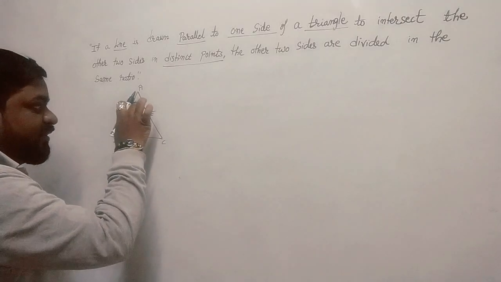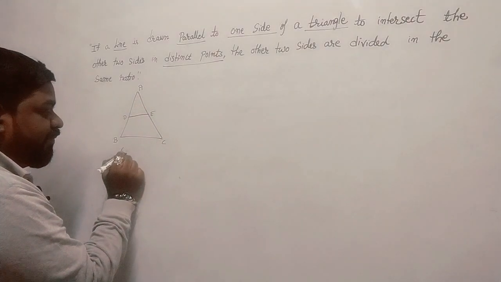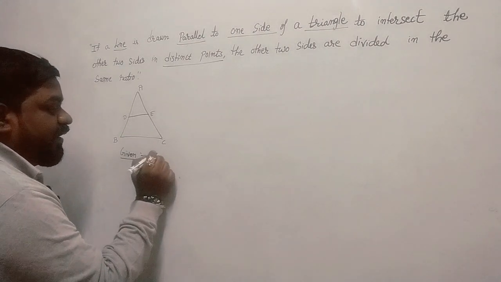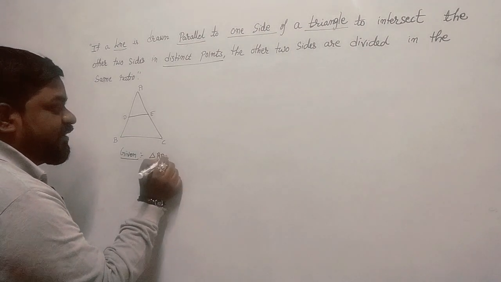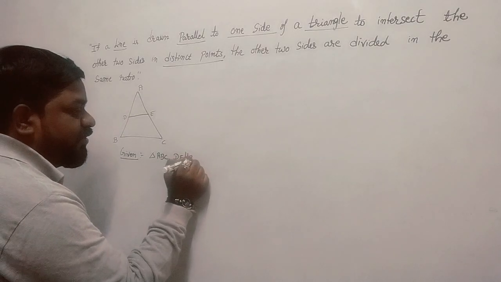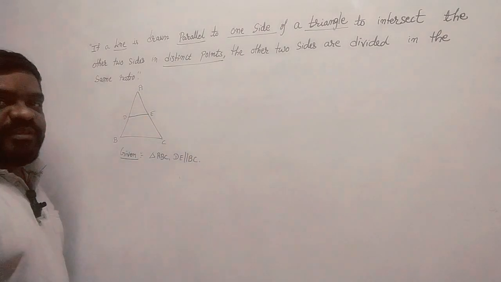Now look at this diagram and write the given data. Triangle ABC is given and DE is parallel to BC.